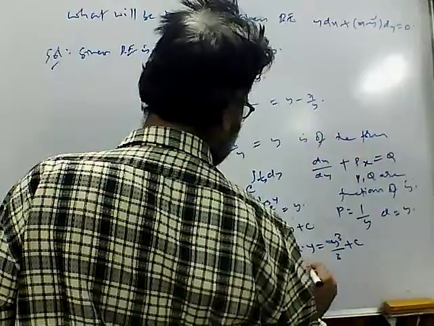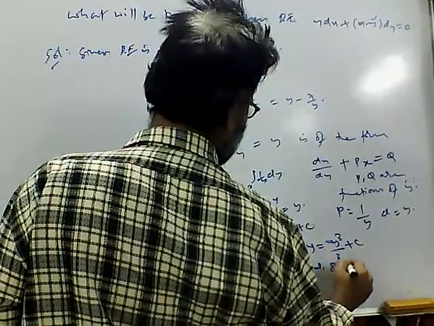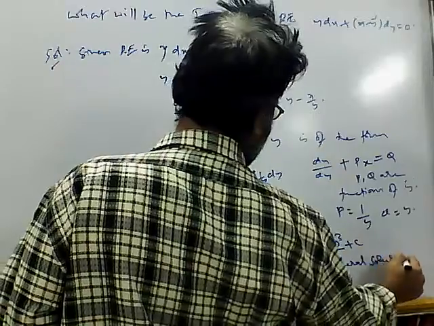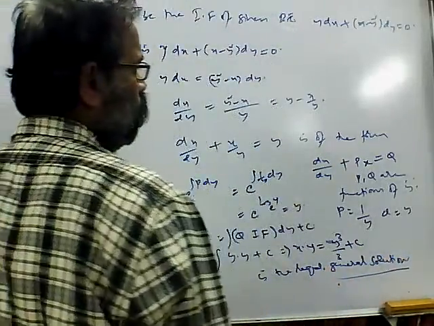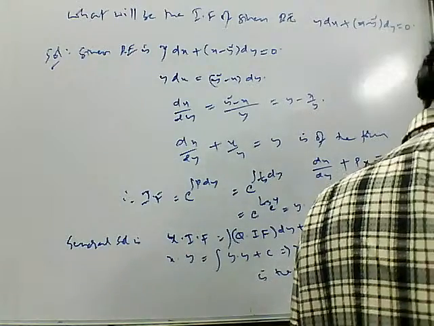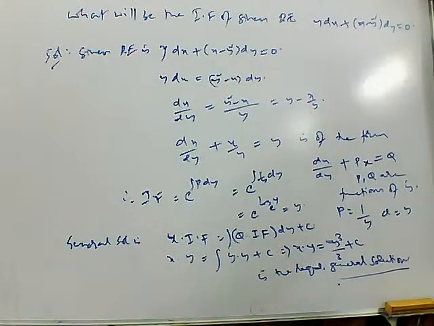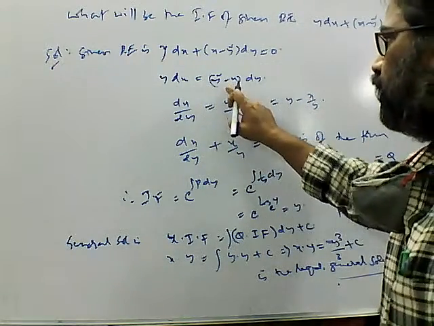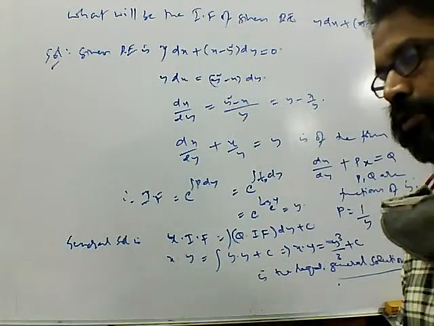That is the required general solution. So always you should see that dx by dy or dy by dx will come with the higher degree divided by the lower degree. That's why it has to be divided. Like that you have to take.